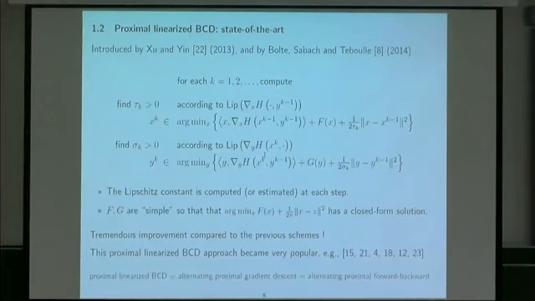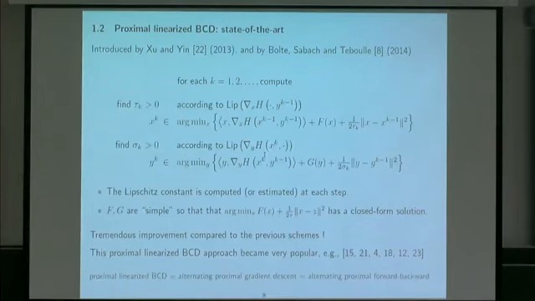Recently, well, not so recently, four years ago, there was the idea to use the regularity of the coupling function H, so that it was possible to obtain explicit updates. The method was introduced independently in two papers.